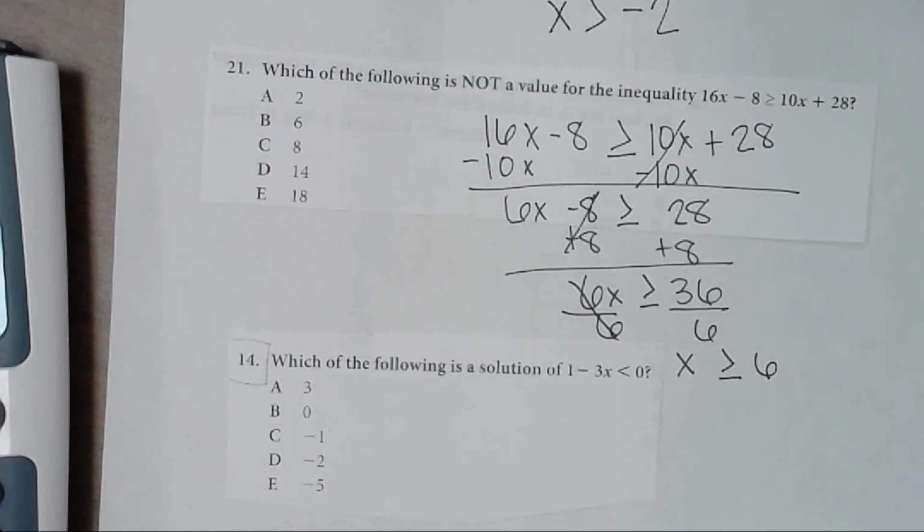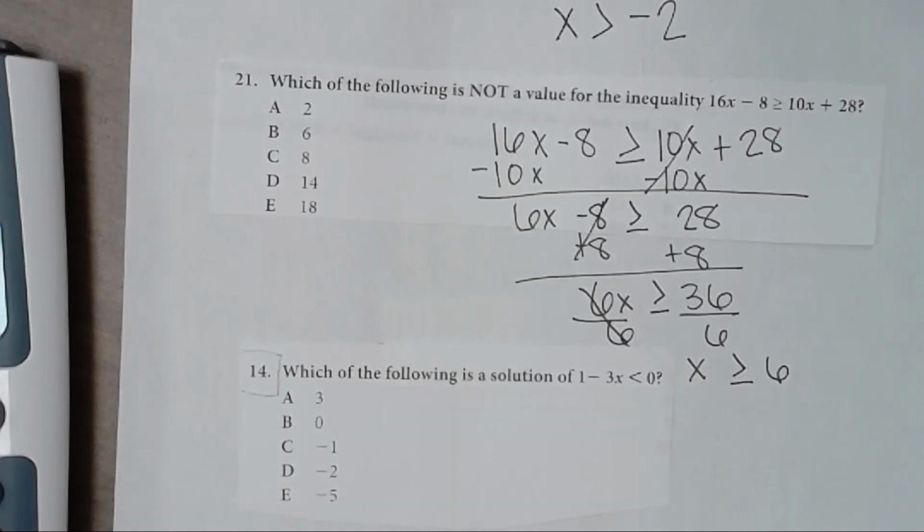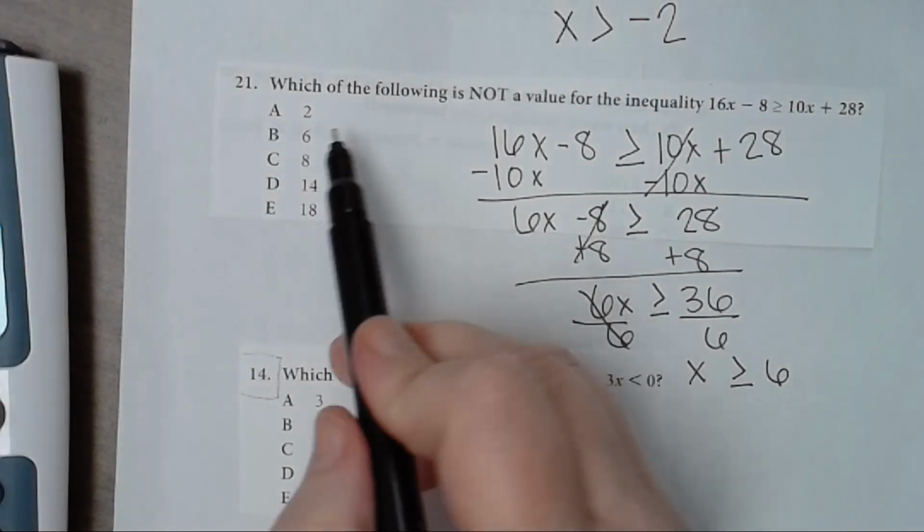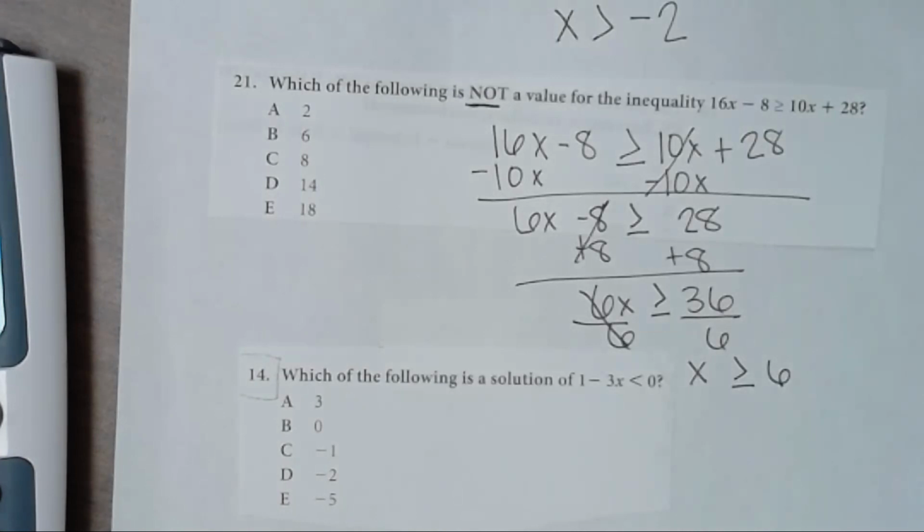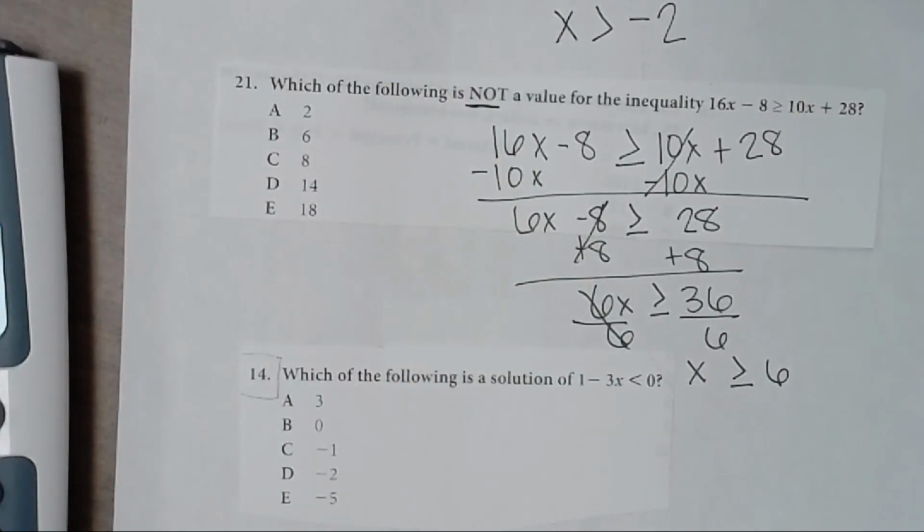Now this question says, which of the following is not a value for this inequality? This means that the number is greater than or equal to 6. If I were going to look at that on a number line, I have the number 6, 7, 8. It actually could be the number 6, but it could also be anything more than 6 going this way forever.